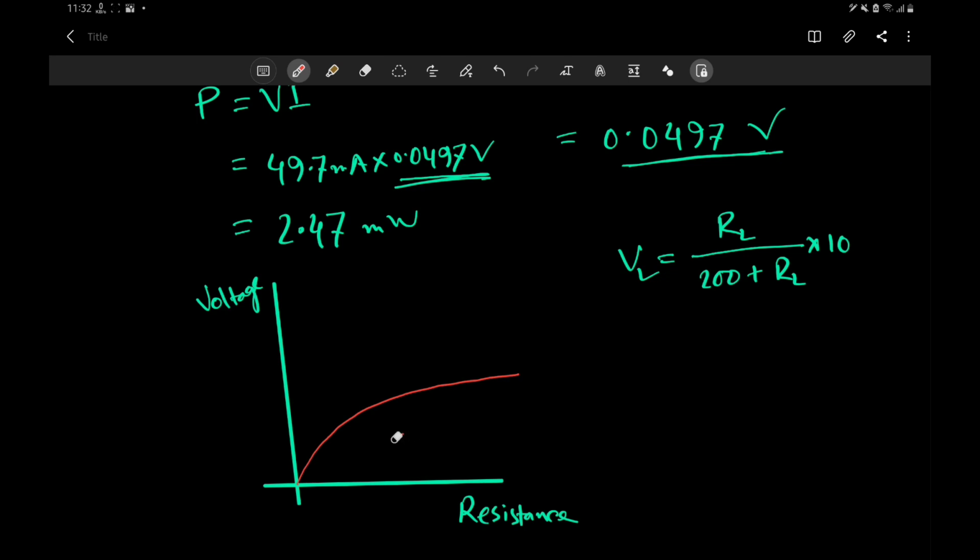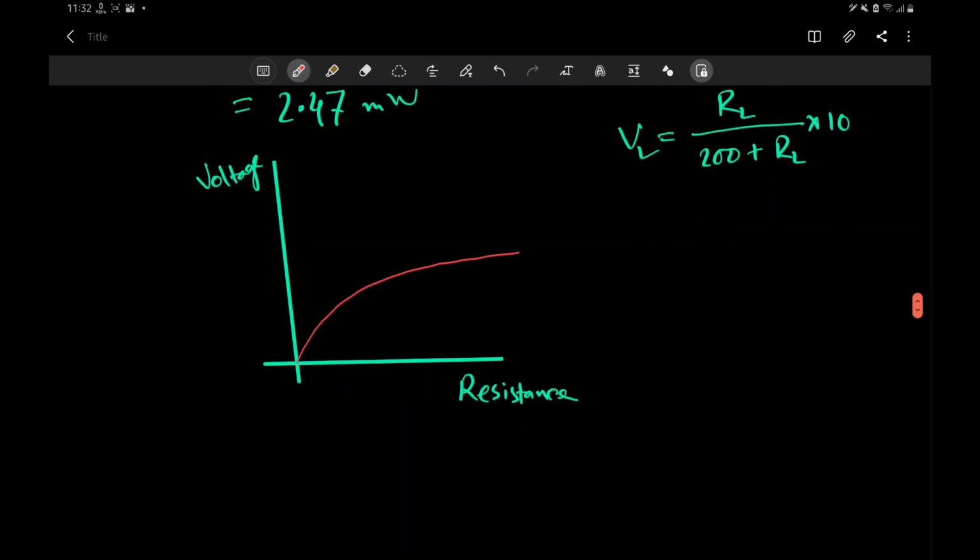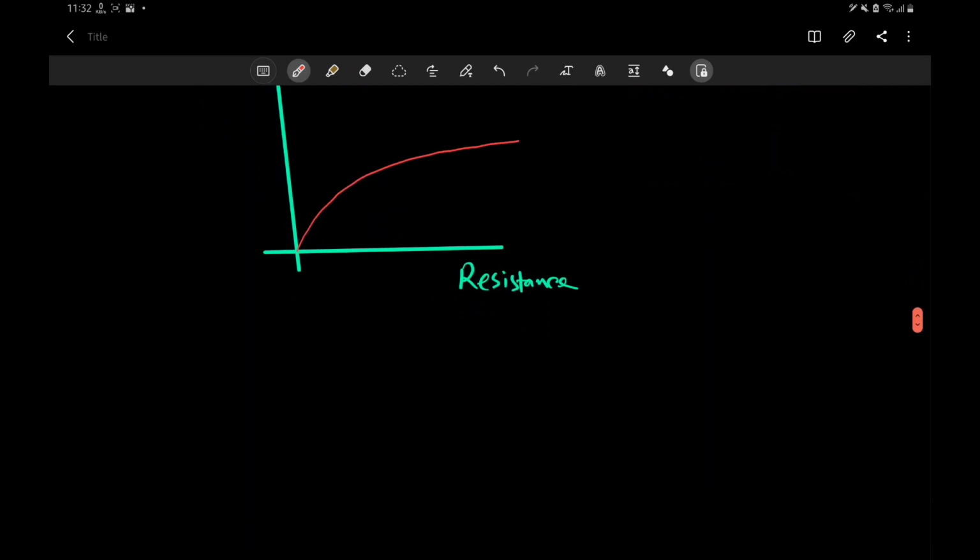Okay, so that's a good thing. If you increase the resistance, you will have higher voltage. But the problem is the current, right? The current has a decreasing relationship with the resistance. So if we draw another graph here, this is our resistance, and here we will draw current.